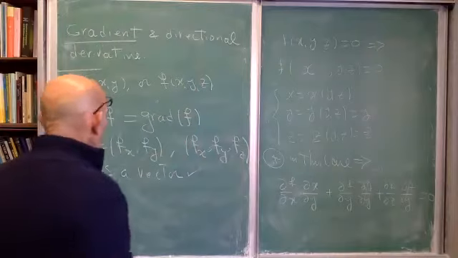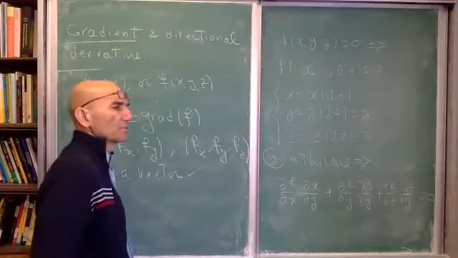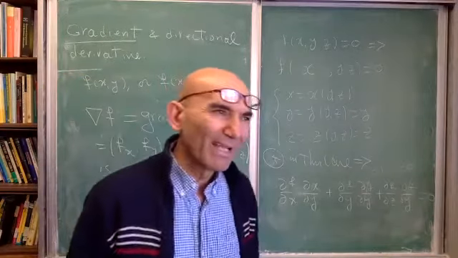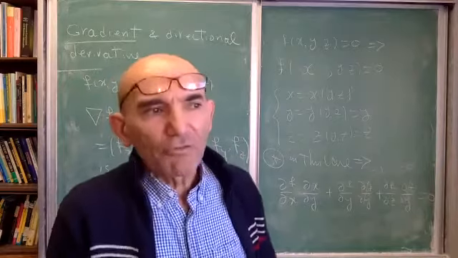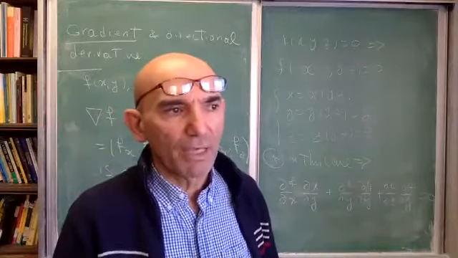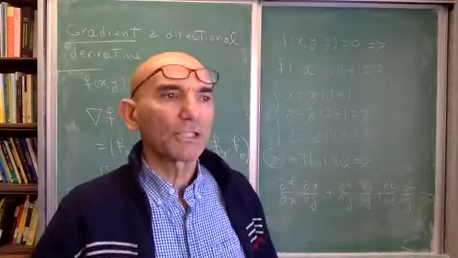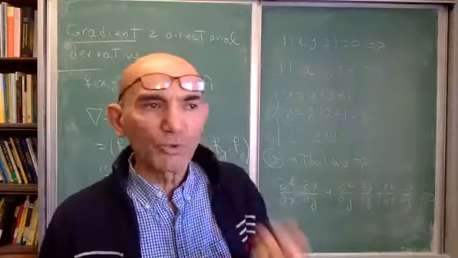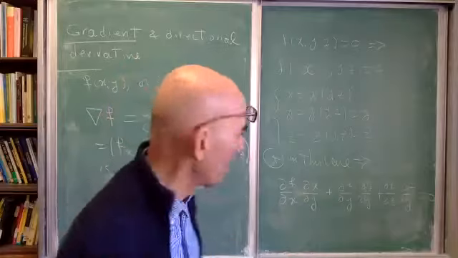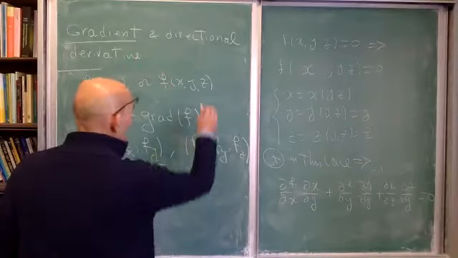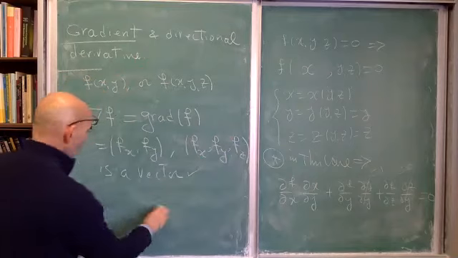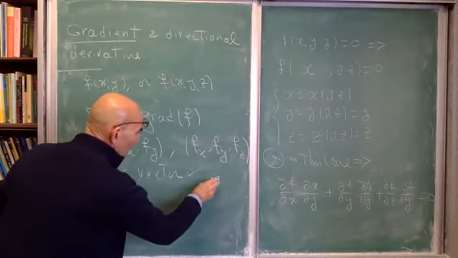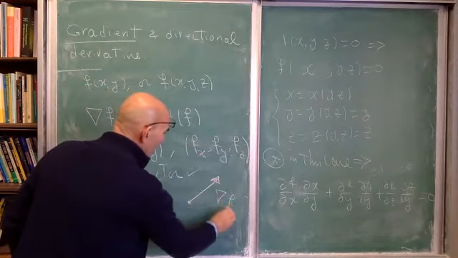Of course, they're partial derivatives, so each of them gives you a rate of change of f in the x direction, in the y direction, and in the z direction. But the totality of them is a vector, right? So this is the gradient of f.